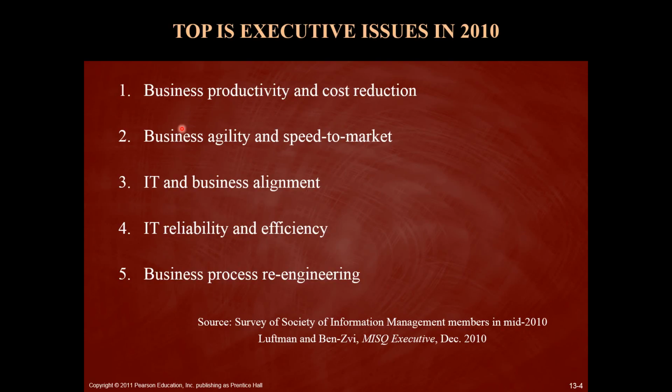Business agility and speed to market. IT is increasingly expected to support operations so that businesses become agile, more responsive, faster when it comes to executing their processes, introducing new products to the market, and so forth. IT and business alignment. It's similar to managing IT relationships. Basically, IT business alignment means that the IT function needs to be aligned with the strategic goals or with the overall strategy of an organization.